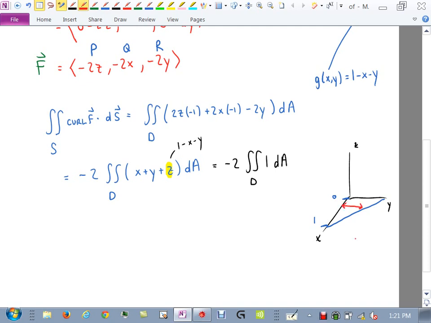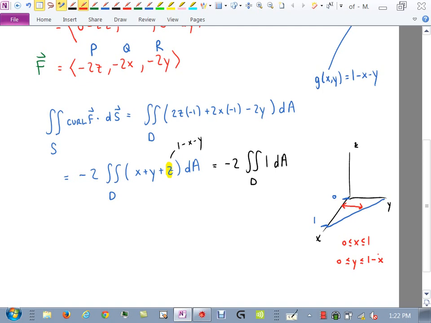My y value is between 0 and, that line has got a negative slope, right? 1 minus x? Or negative x plus 1? Everyone agree with that? You understand where that comes from?